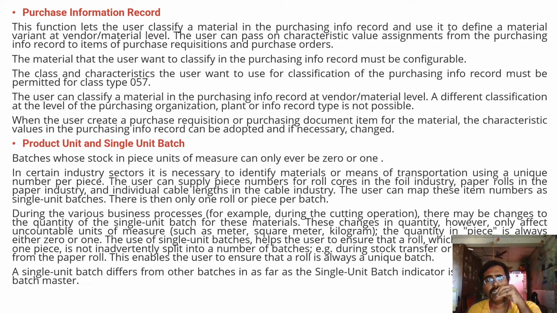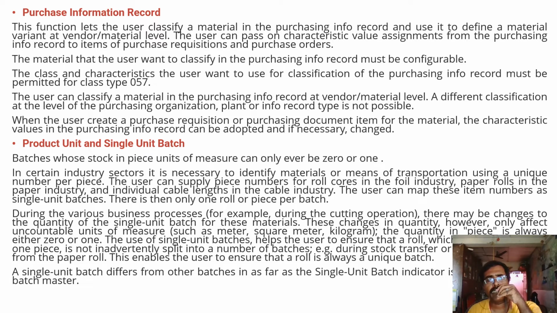The use of single unit batches helps the user to ensure that the roll, which always represents one piece, is not inadvertently split into a number of batches, for example during a stock transfer or partial withdrawals from the paper roll. This enables the user to ensure that the roll is always a unique batch.